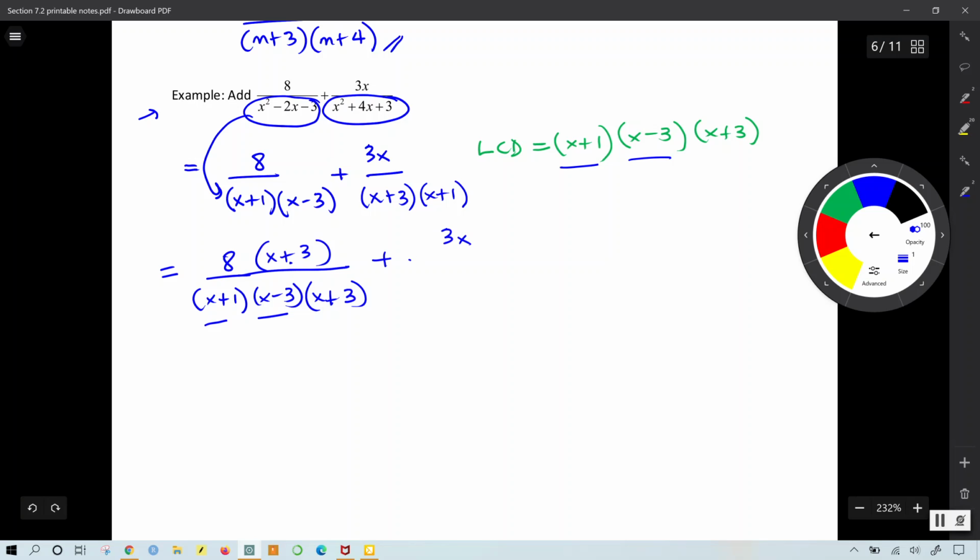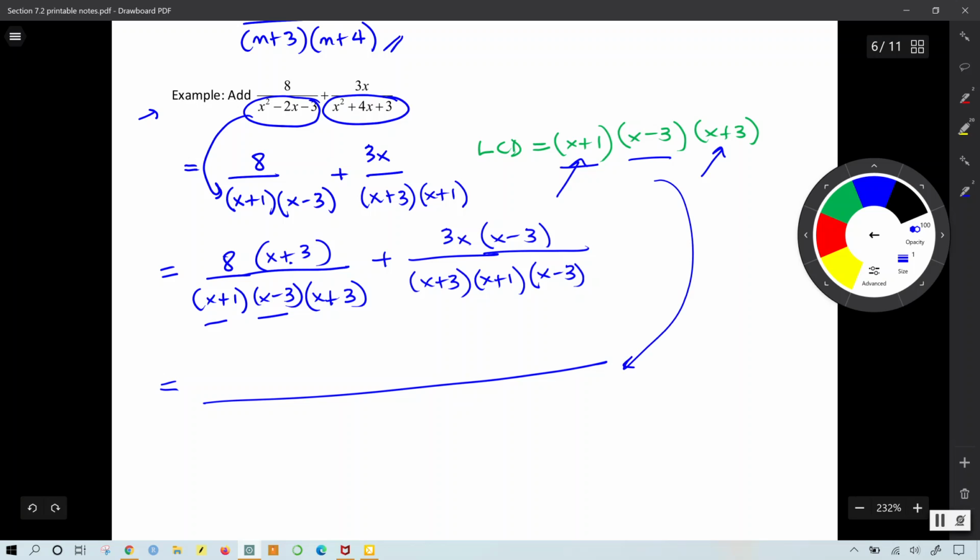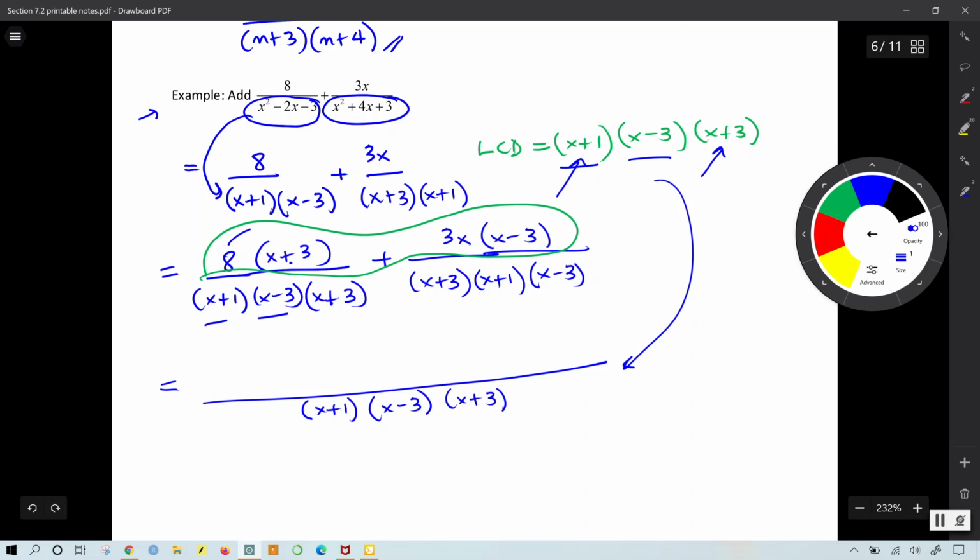Then plus 3x all over x plus 3, and then x plus 1, in which case you already have x plus 3, we already have x plus 1, so we only need x minus 3. So the denominator here is the LCD, which is x plus 1, x minus 3, x plus 3, and we can now focus on the top part. So, for example, 8 times x, 8x, 8 times 3, positive 24.